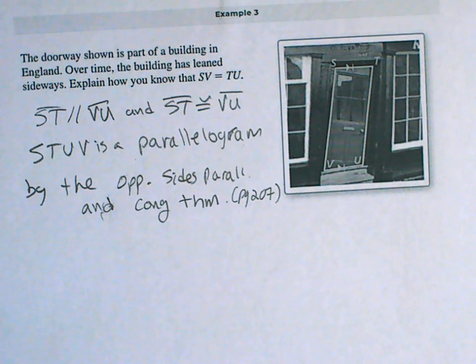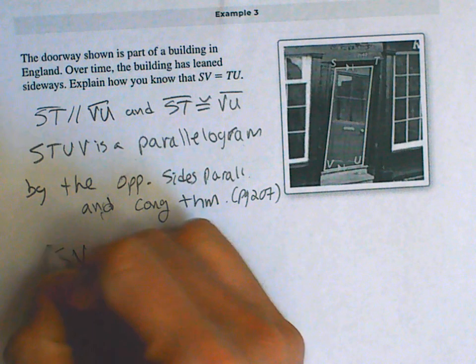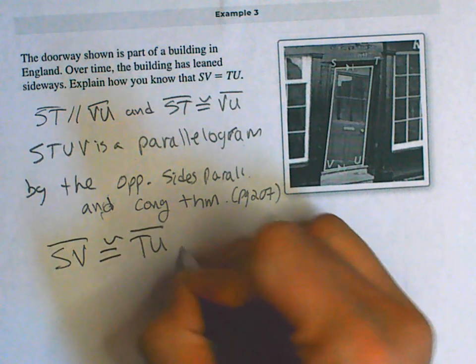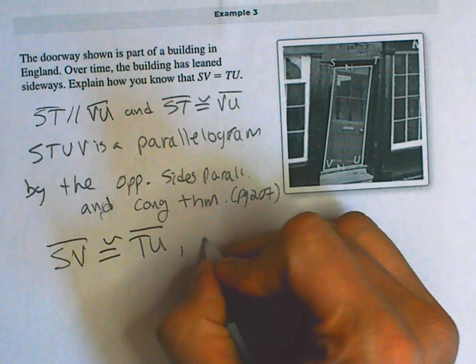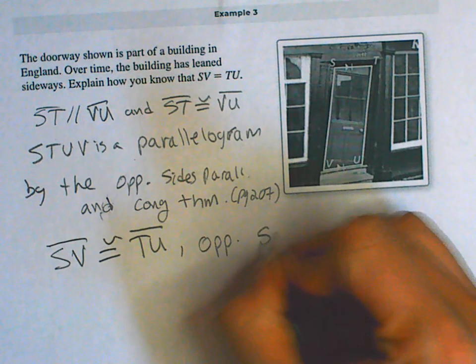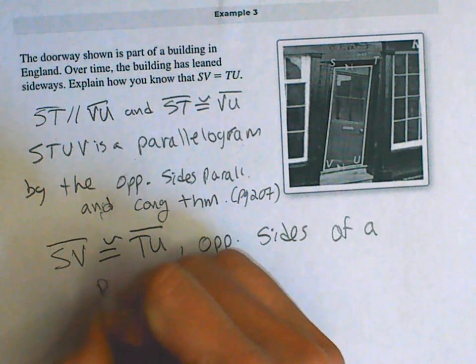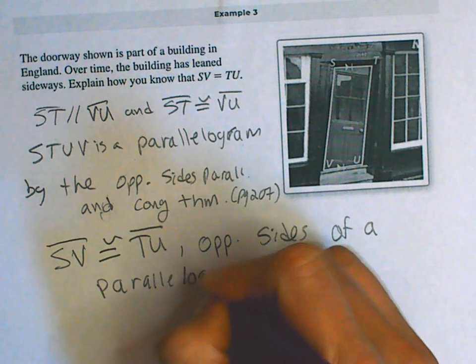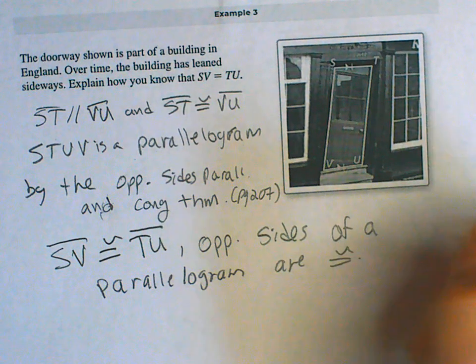So because it is a parallelogram, okay, now we can imply that SV is going to be congruent to TU, because we know that the opposite sides of a parallelogram are congruent.